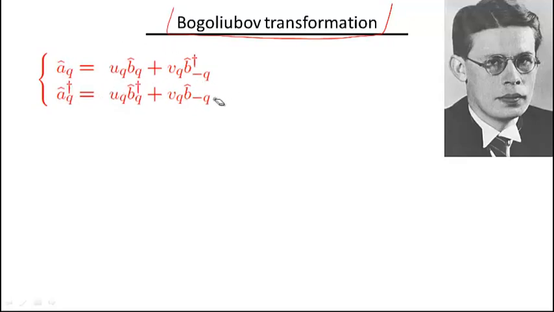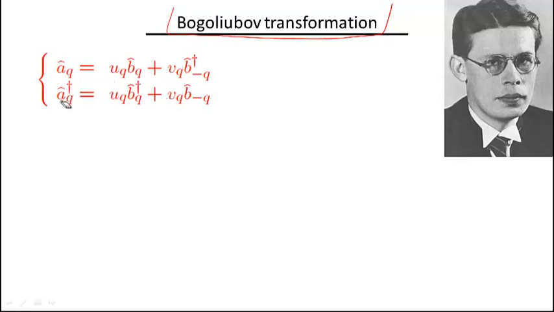Here I will assume, and this assumption will be verified a posteriori, that these coefficients can be chosen to be real functions, and that they are even functions of q. So u of q is equal to u of minus q.